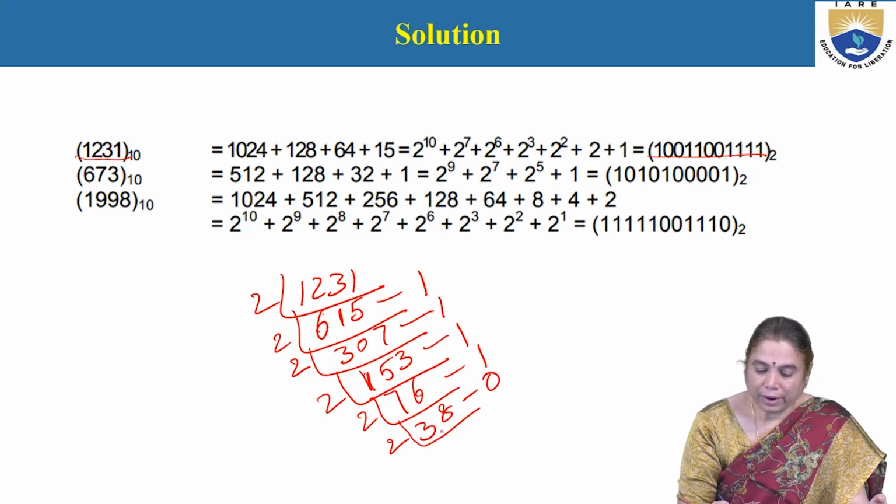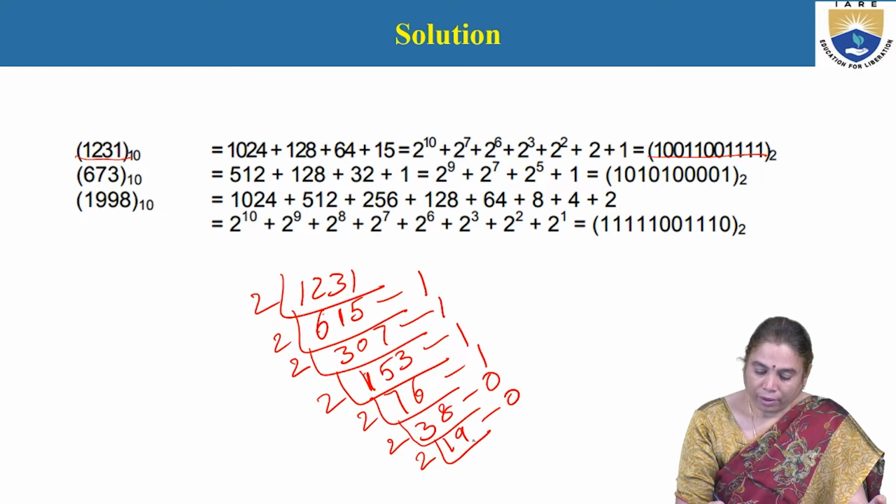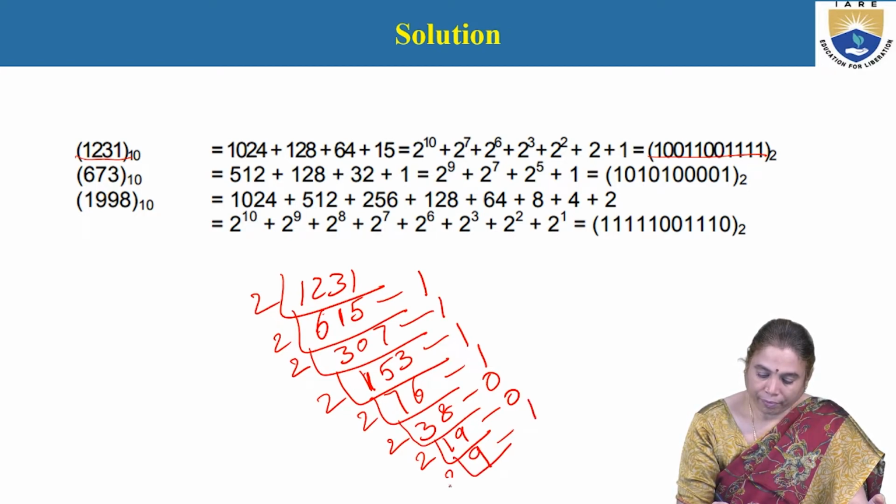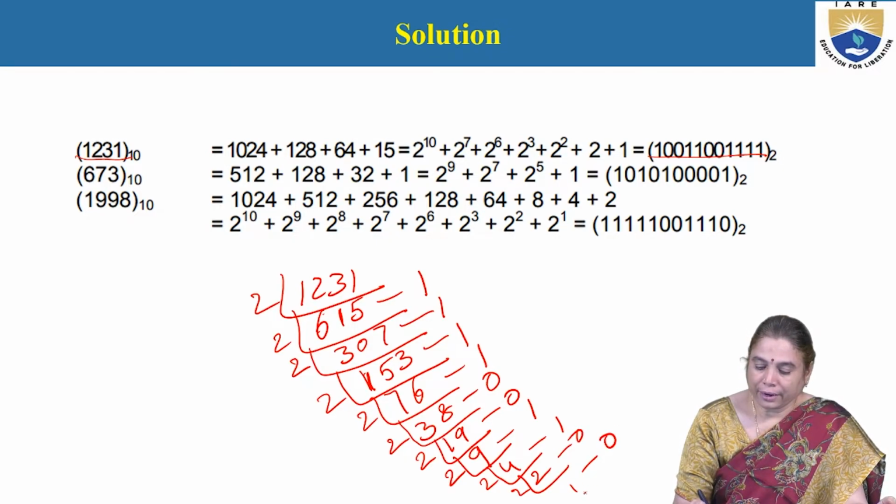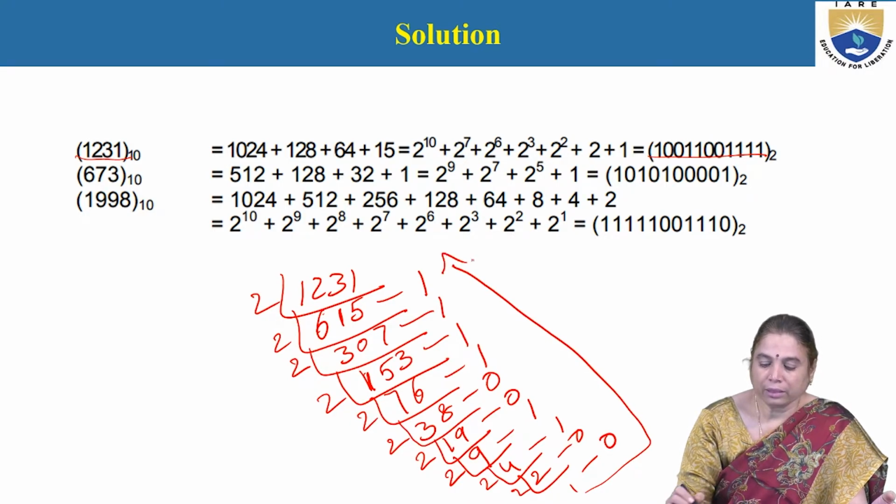Again further divide it. So we have to write all these remainders in a bottom-up fashion in order to get the binary equivalent, which is the value shown here.